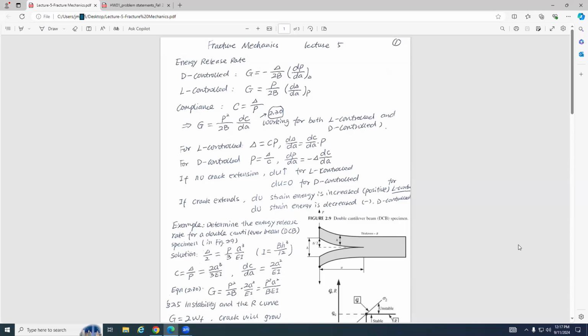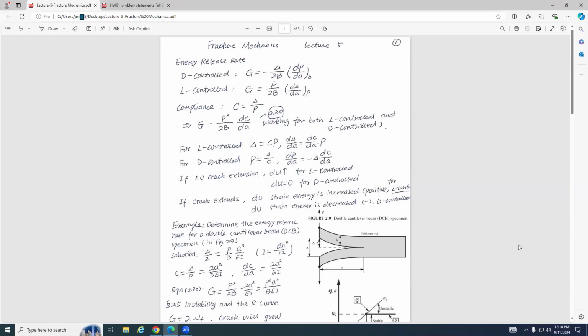Yes, the load varies when the crack length changes. Okay, so this is a good element. Let me repeat. Load control means that I have a cracked body, and the crack will grow, right? As the crack grows, the load I apply, the weight, does not change.